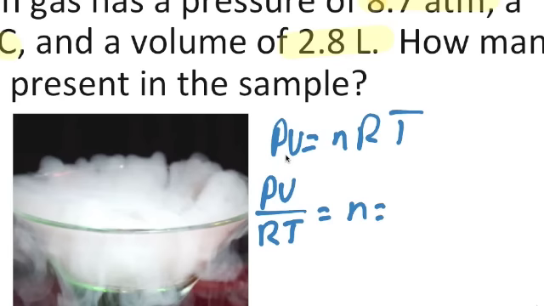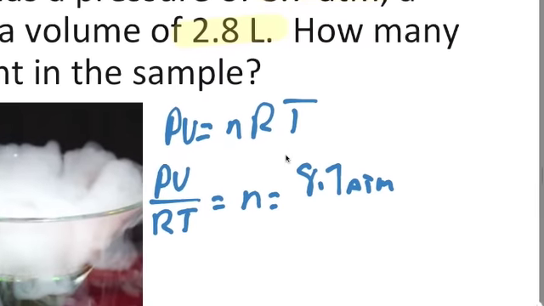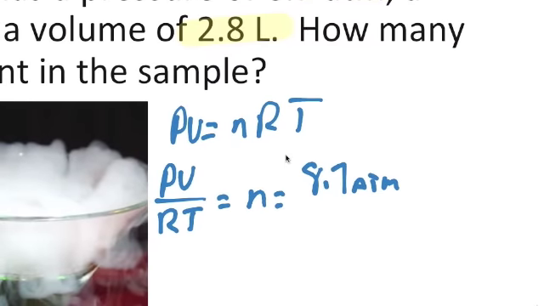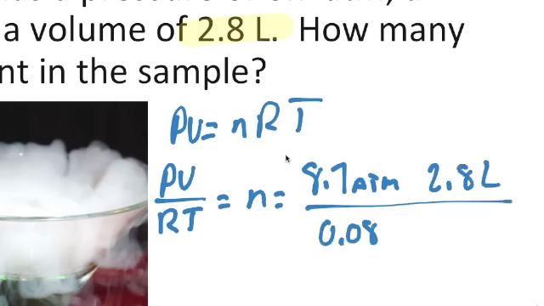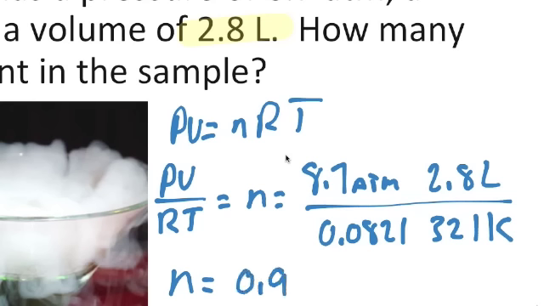Plug everything into this, and we get our 8.7 atmospheres times our 2.8 liters all over our 0.0821, there's our R value, and 321 Kelvin. Once we plug this in, we'll get an n value of right around 0.924 moles of our nitrogen gas.